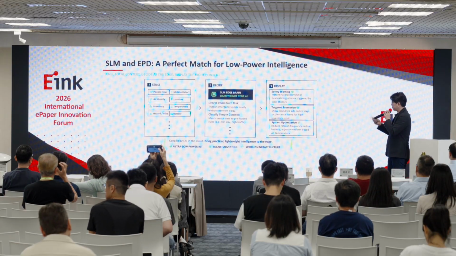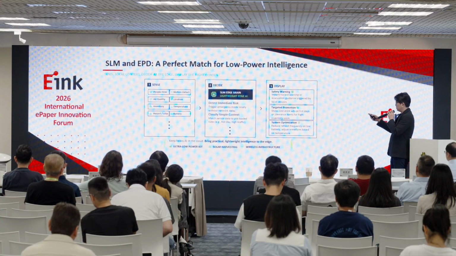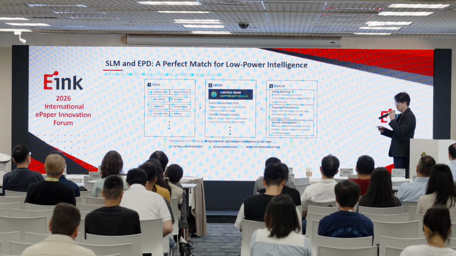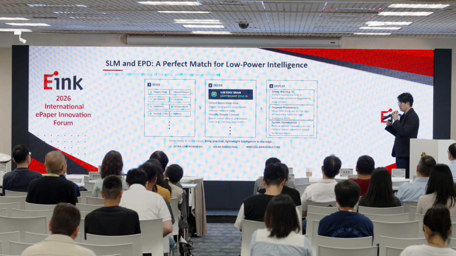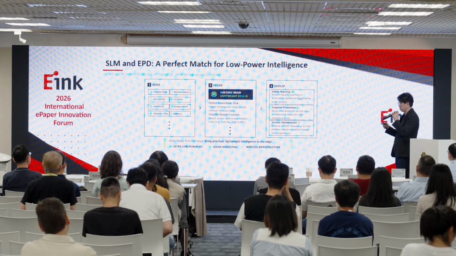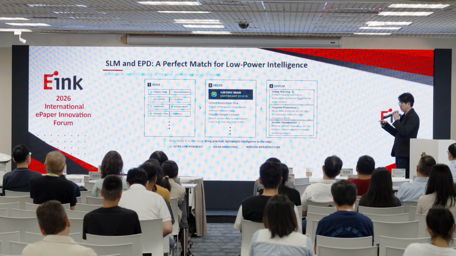To give an instance, if you have a sensor inside, you can see how many people walk by, and if this place has a lot of people, you can trigger a promotion, or you can sense that the battery is low.